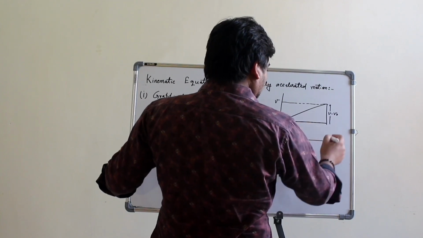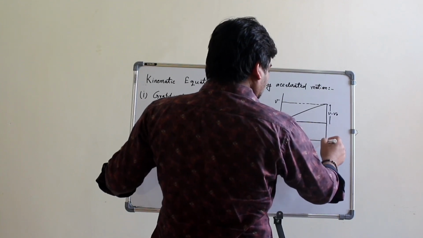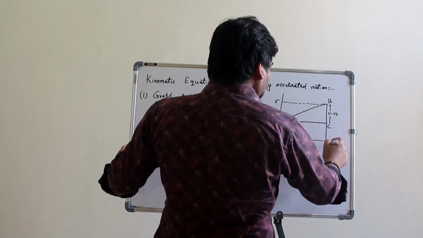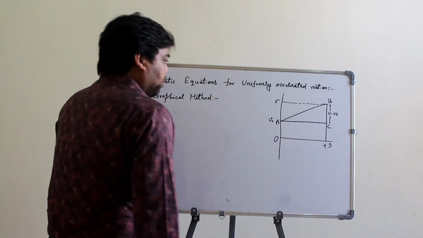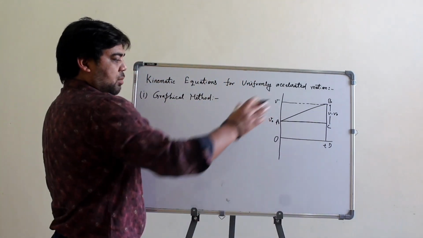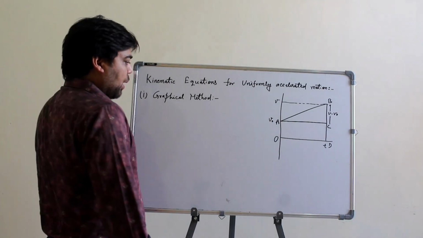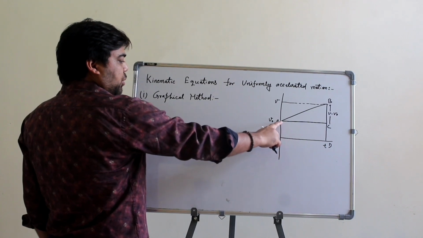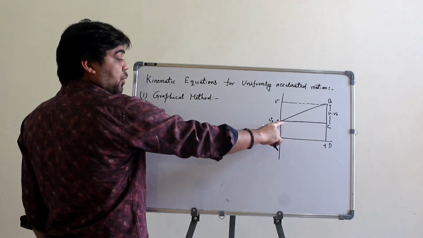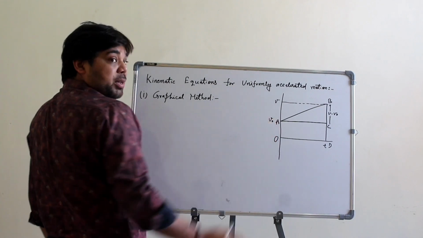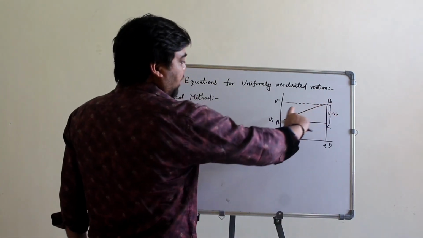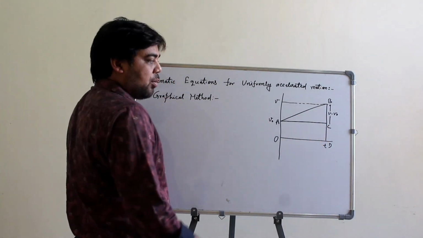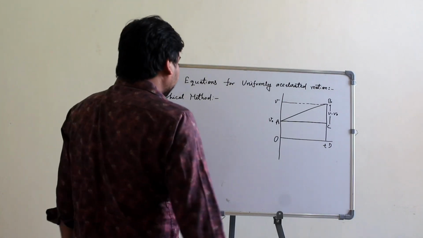And this is T. This can be written as B, this as C, and this as T. So this is your velocity-time graph. Considering that the object started at time t equals 0 with velocity v0 from a point A, and reaches point B with a certain velocity v. Now it is asked how much it is accelerated and what displacement it has.